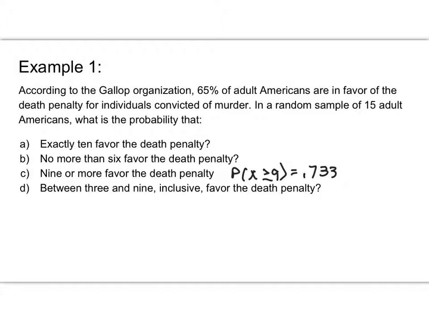All right, and the final part of this problem is we're looking for the probability between 3 and 9 favor the death penalty.